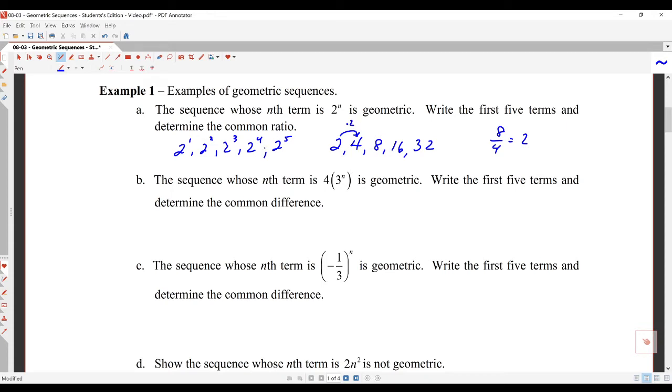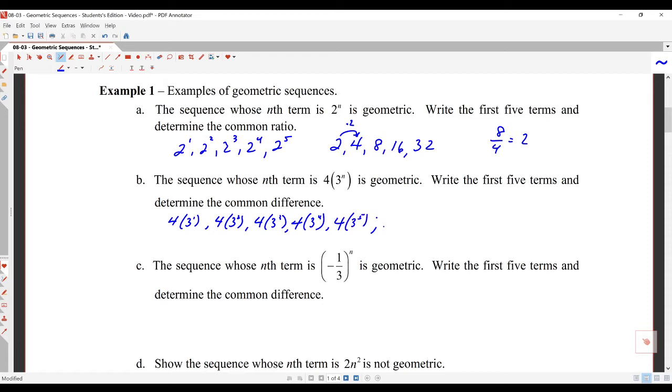The sequence whose nth term is 4 times 3 to the n is geometric. Write the first 5 terms. So it's 4 times 3 to the 1, 4 times 3 squared, 4 times 3 cubed, 4 times 3 to the fourth, and 4 times 3 to the fifth.